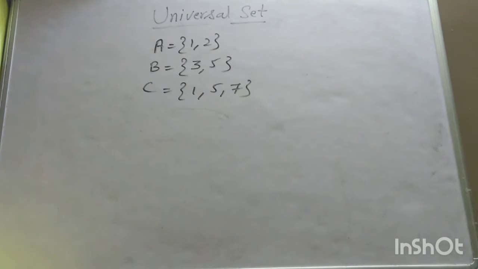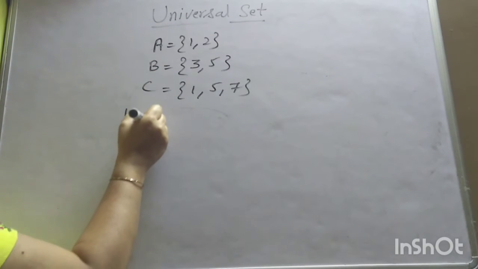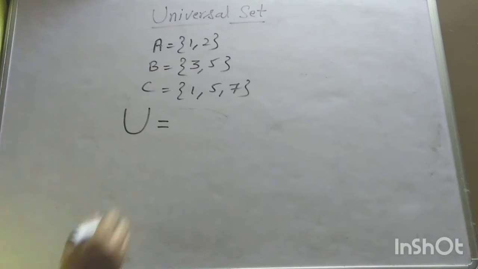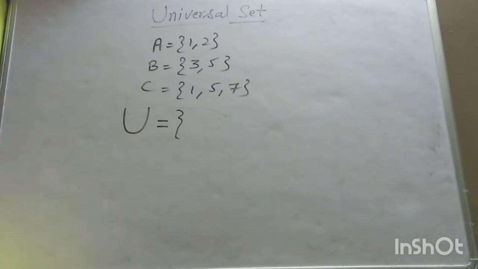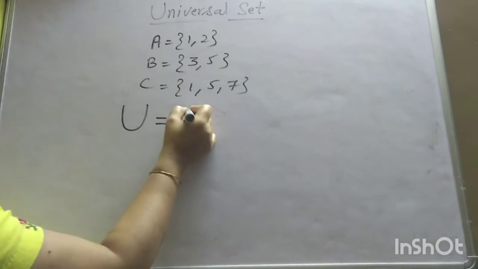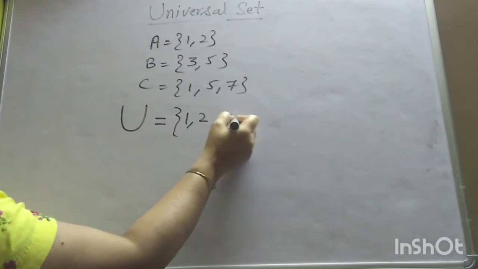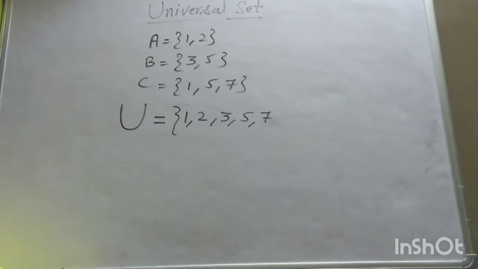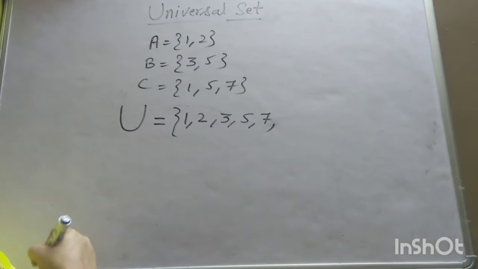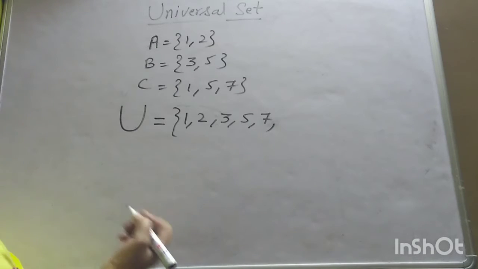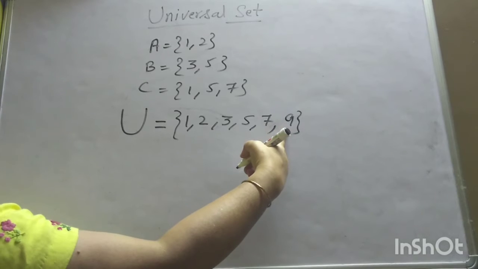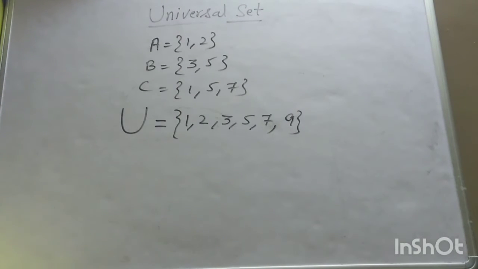Now, universal set is always denoted by capital letter U. Universal set must contain all these elements 1, 2, 3, 5, 7. And it can also have some extra elements. Extra elements may or may not be present in universal set.